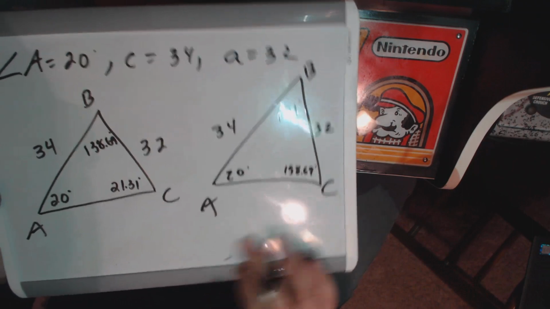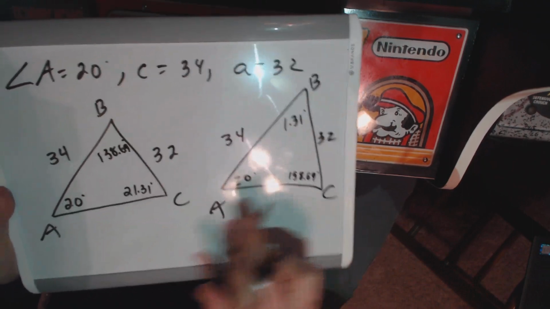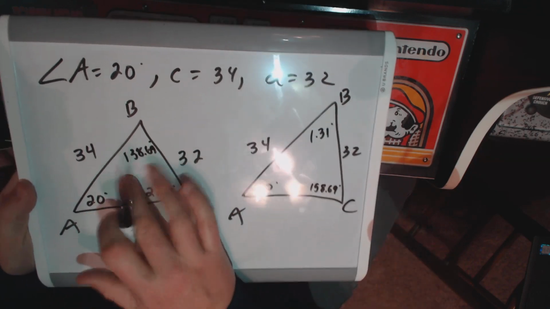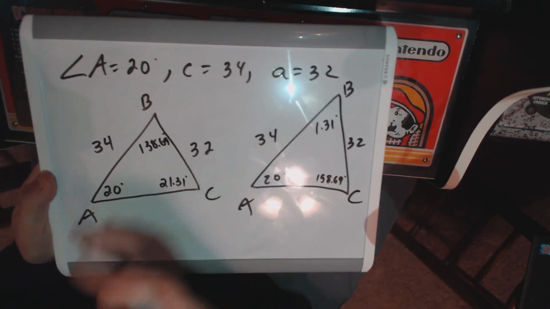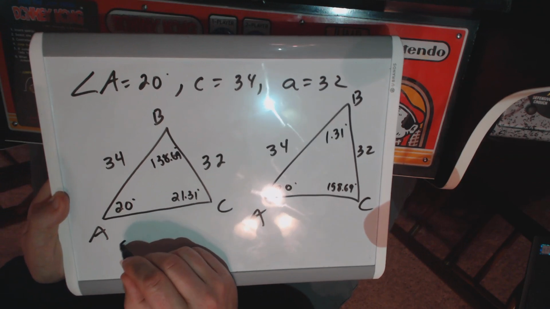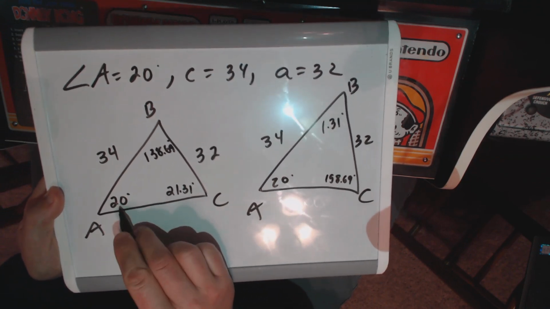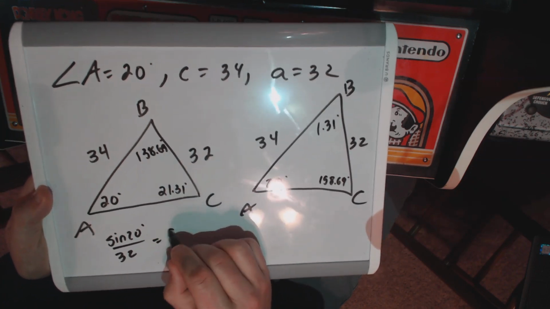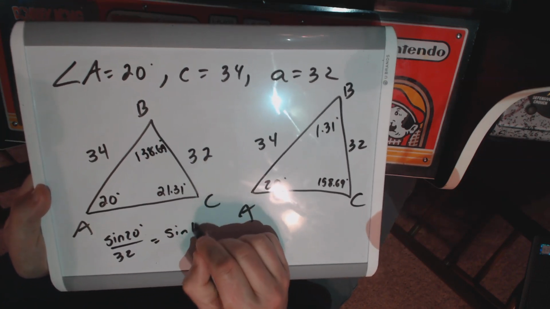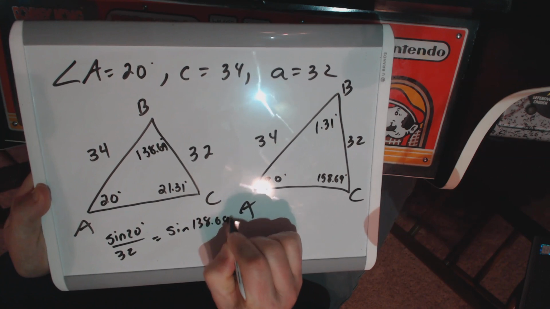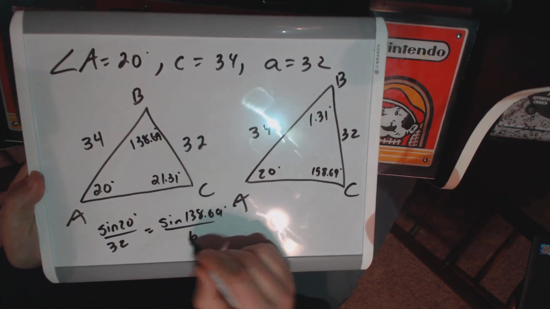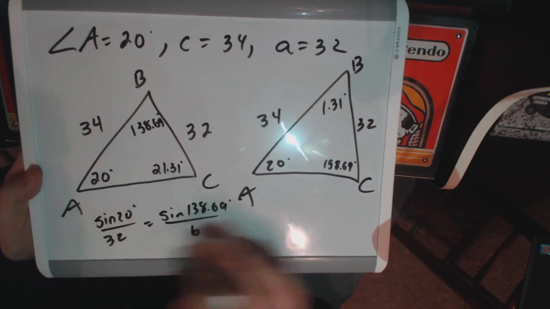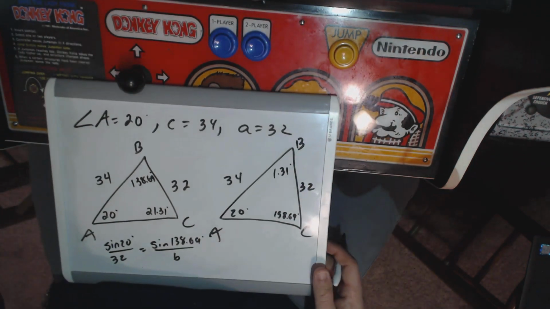Now, what's left to find? We just got to find side B. So let's say I did this one first. I just have to do the law of sines. So I'm going to say something like this: sine of 20 over 32 equals sine of 138.69 over B. And with a little cross multiplication, here's what we do.